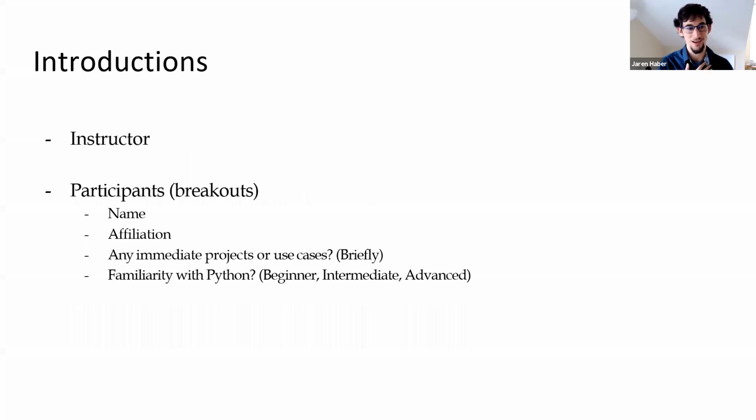Okay, so I'm Jaren Haber. I'm a postdoctoral fellow at Georgetown University with the Massive Data Institute. I find natural language processing to be one of the best applications for social science studies, because there's so many different opportunities for using digitized text.